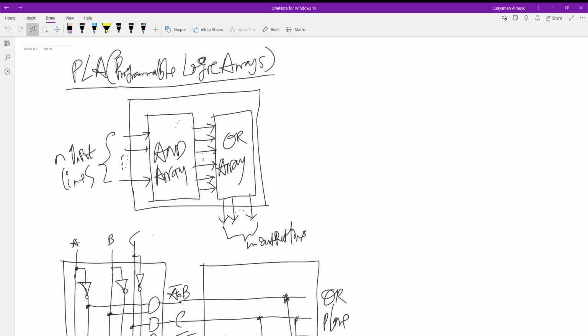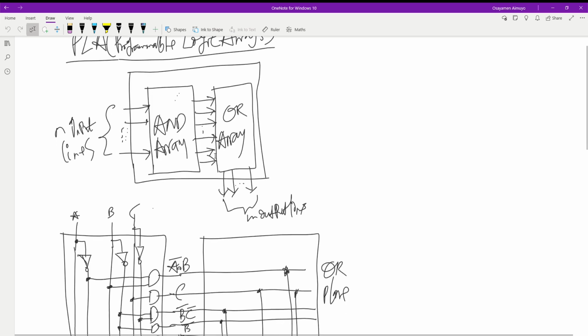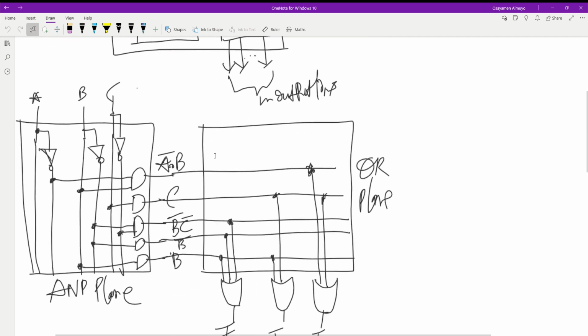So the inputs and the outputs are not necessarily related. So it's not like the decoder, and this applies to the ROM as well. It's not like the decoder and the mux where you have some exponential or logarithmic relationship. In this case, they're not necessarily related.